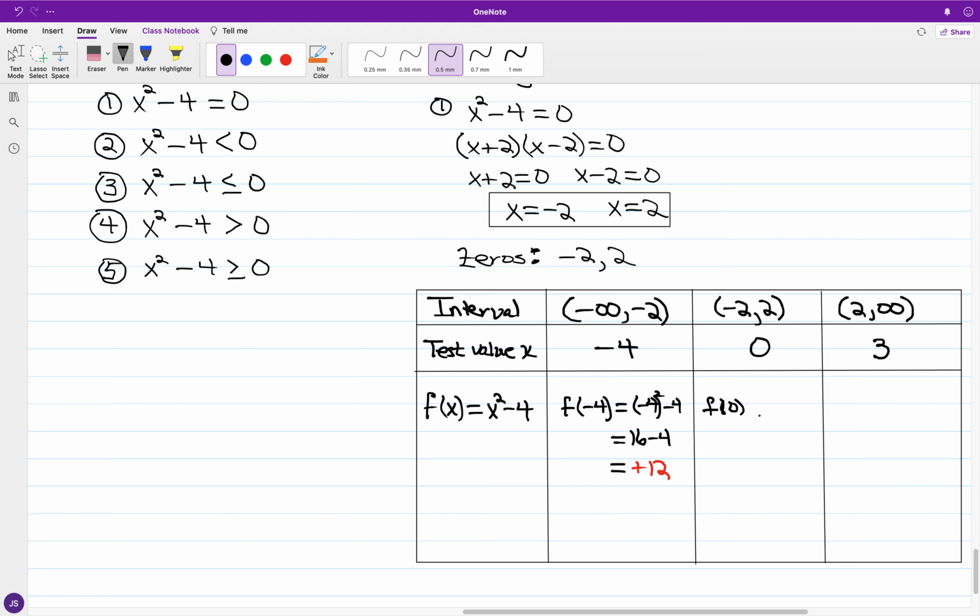For f of 0, we have 0 squared minus 4, which is equal to -4. And for f of 3, we have 3 squared, which is 9, minus 4, and the difference is +5.